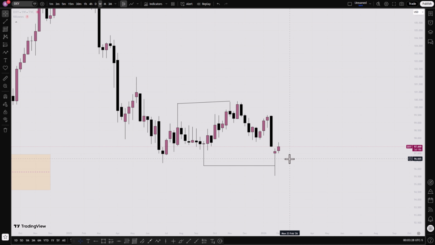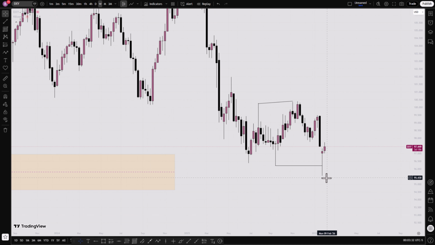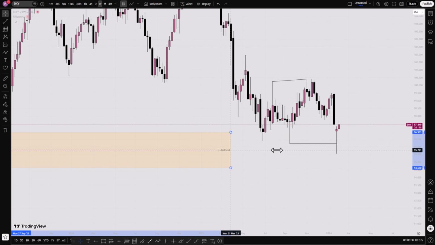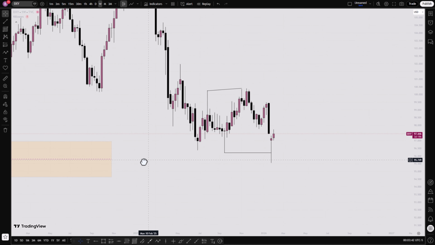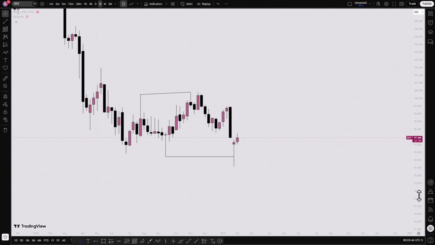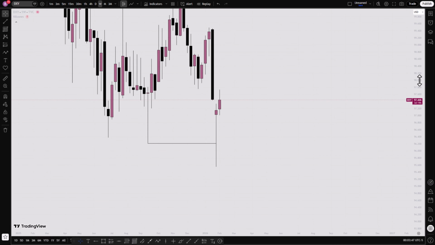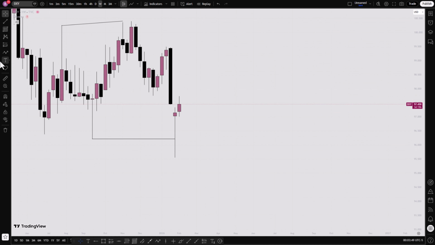It's an indication that there is something happening in the market, which the market makers want to push this price bullish. So here we see price reacting from this level. What we need to do now is to look at the weekly time frame. So here I always mark the EQ, that is the equilibrium of the range of this rejection.